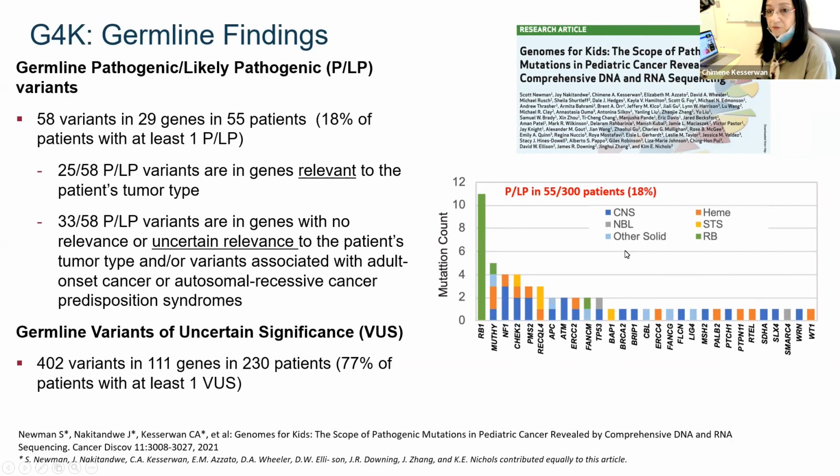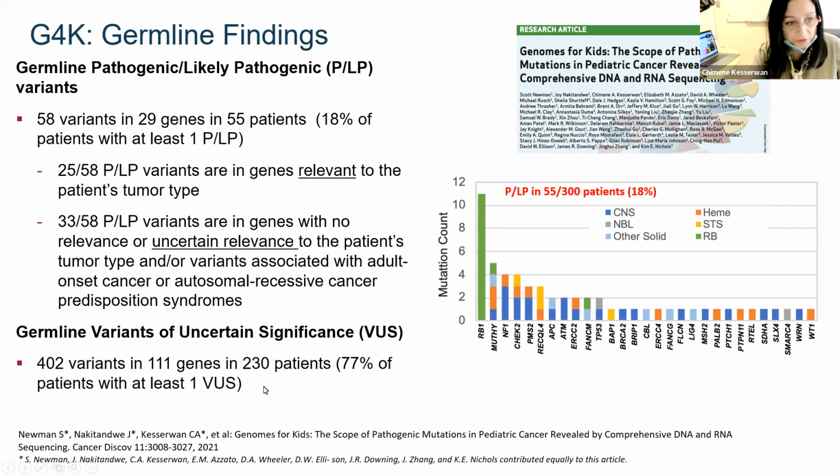We know SMARCA4 is associated with atypical teratoid rhabdoid tumor, but we do not know of an association with neuroblastoma. So is that incidental, or is it causal in any way? In fact, after we reported this patient, we found that Dr. Plon's team from Baylor has reported another patient with SMARCA4 in neuroblastoma. So we think there is a new association between SMARCA4 and neuroblastoma.